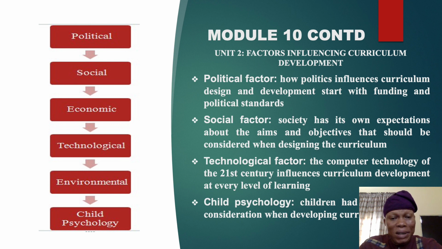When you are talking about funding, of course you know whether state government, local government, federal government, they fund most of the public institutions, whether primary, secondary, and tertiary institution. They fund them, and so they dictate what happens in those public institutions.